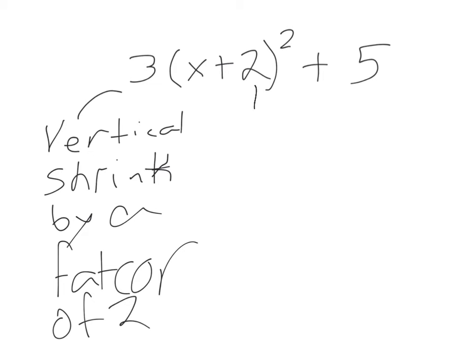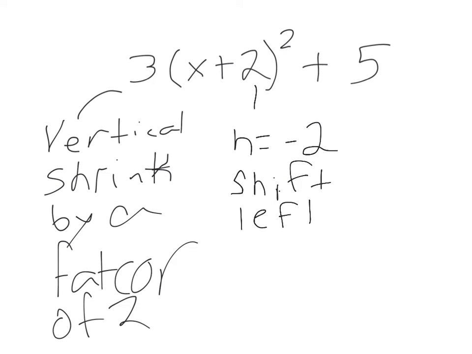and k. So my h, in this case, is equal to -2. Remember, my vertex form is x minus h. So that means to get plus 2, I have to have a -2 for my h. And so that means, since it's less than 0, I have a shift left of 2.